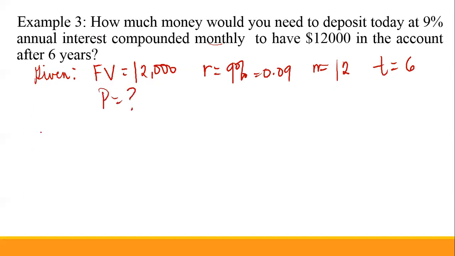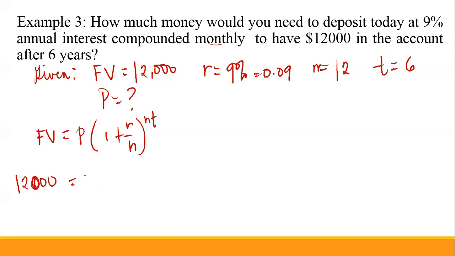Alright? So from our formula, all we have to do is to substitute. So this is 12,000, missing si P. Okay, so 1 plus 0.09 over 12 raised to 12 times 6. Ayan.